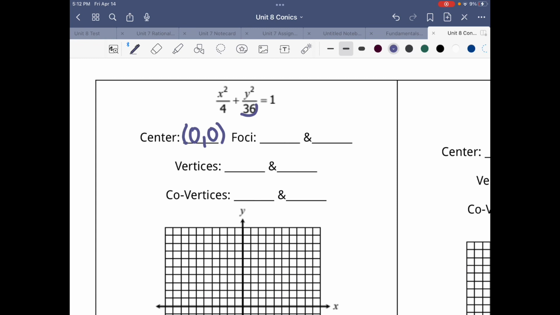Now, Y has a bigger number underneath, so this is going to be the distance for the vertices. This means that the vertices are 6 units away.